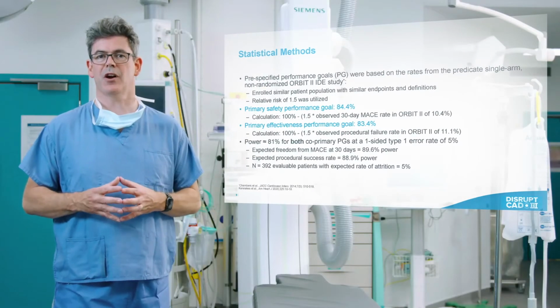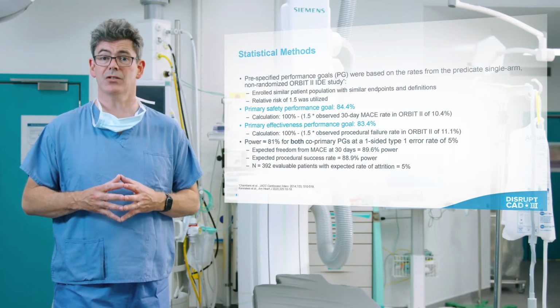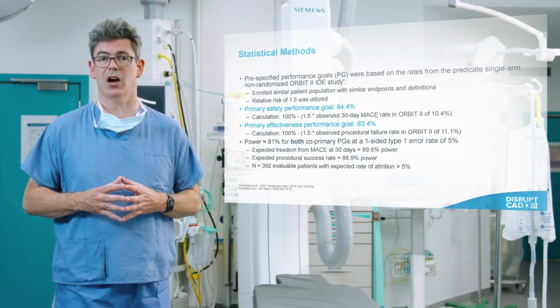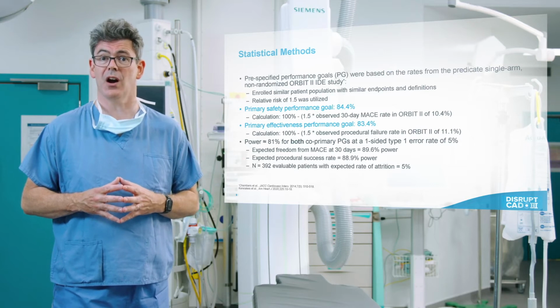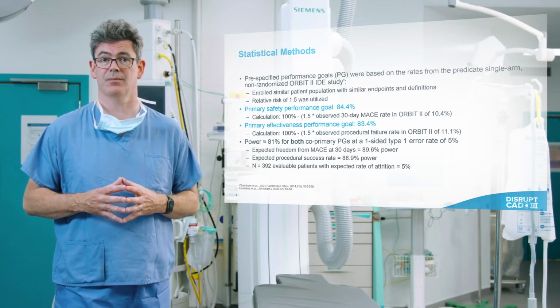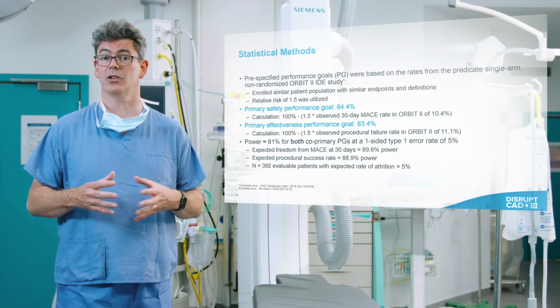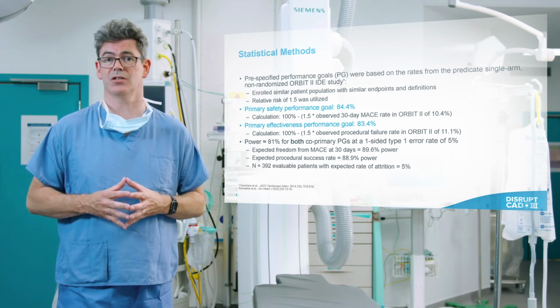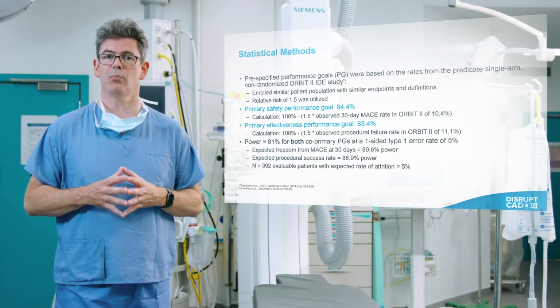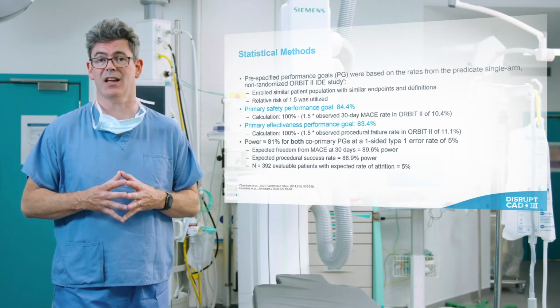The pre-specified performance goals for this study were based on the rates from the predicate single-arm non-randomized Orbit-2 IDE study for orbital atherectomy, which enrolled similar patient population with similar endpoints and definitions. The relative risk of 1.5 was utilized per FDA guidance.